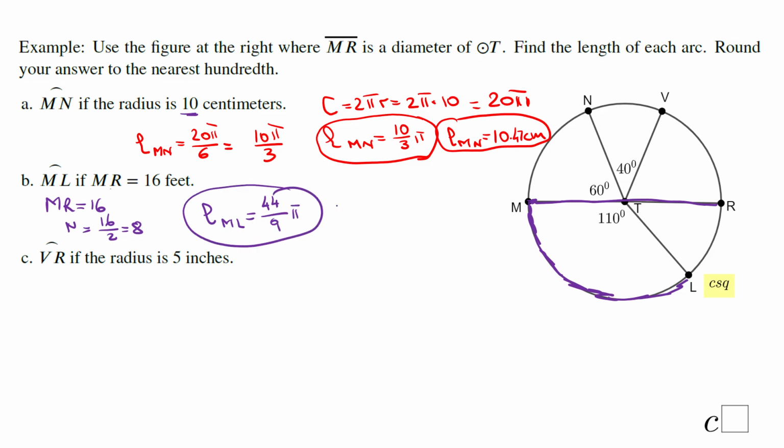Let's approximate now. Let's at least do that. And I'm going to grab a calculator for that reason. So we have 44 times pi divided by 9, and that will be 15.36 if you round it to the nearest hundredth of a foot.